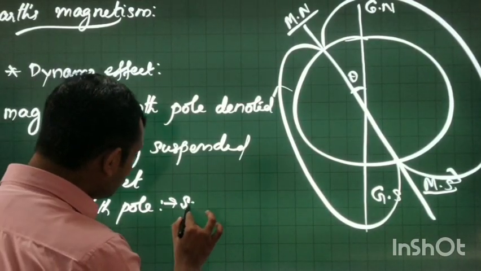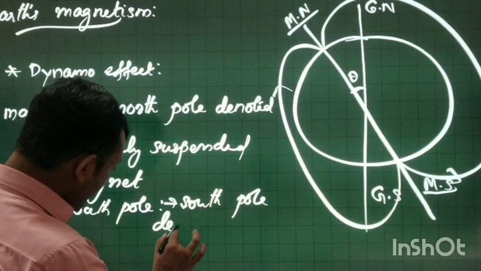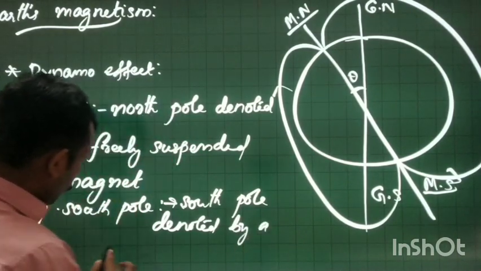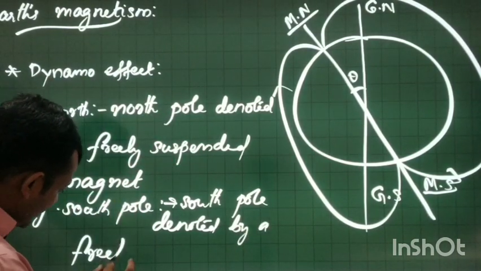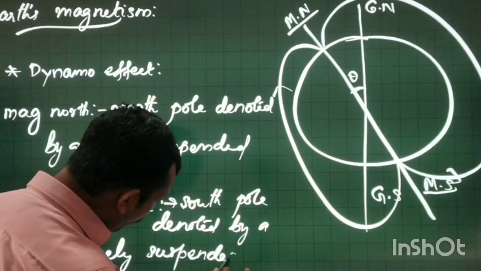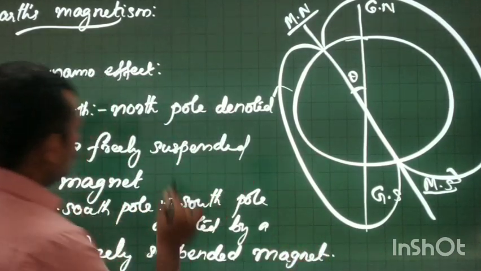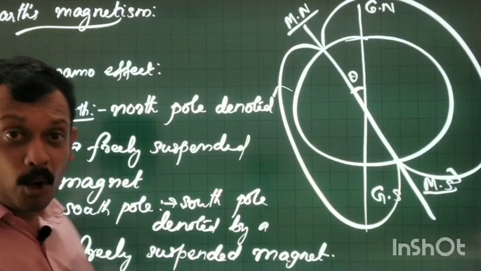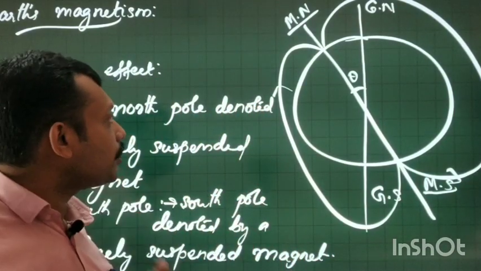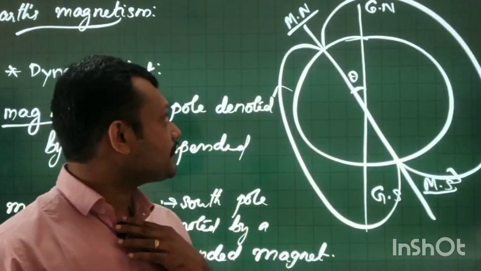It is the south pole denoted by a freely suspended magnet. Please understand this idea clearly. So magnetic north is the north pole denoted by a freely suspended magnet, and the magnetic south pole is the south pole denoted by a freely suspended magnet.